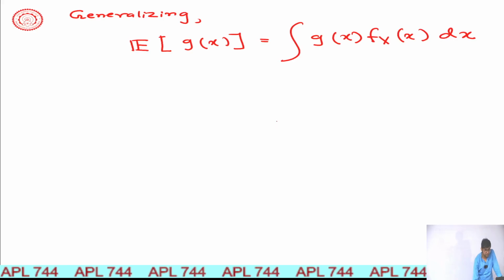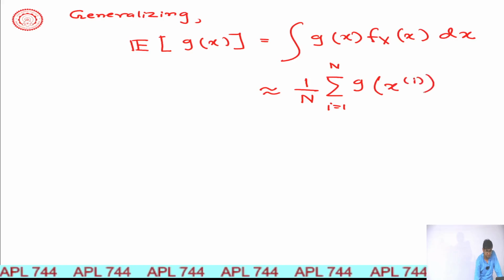And then this will be approximately equal to 1 by n summation i equal to 1 to n g of xi, where your xi is drawn from f_X(x).